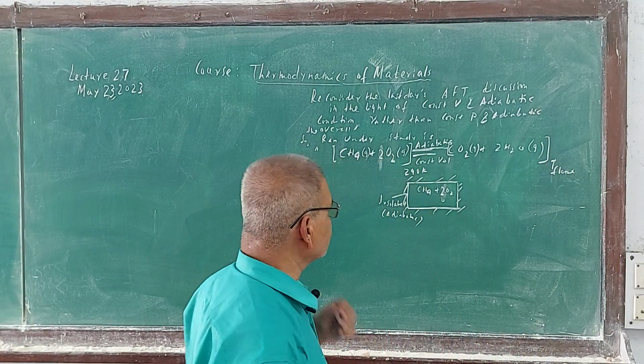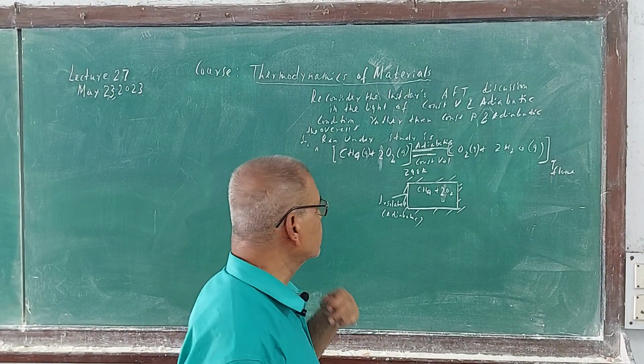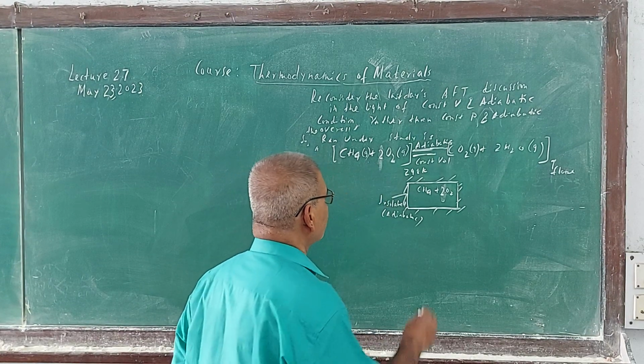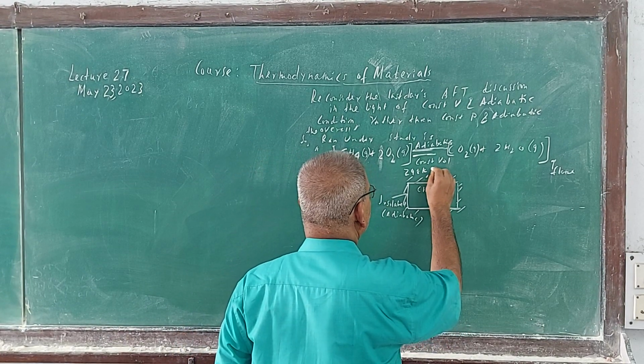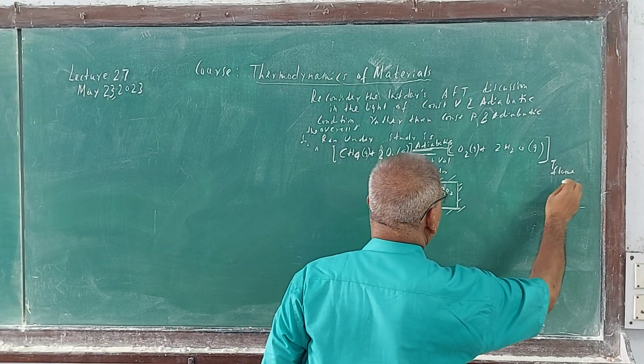This was discussed last day: 298 K and T flame. Okay, what is the pressure? This is 1 atmosphere, and this is also leaving at 1 atmosphere. You can write 1 atmosphere. This was last day.